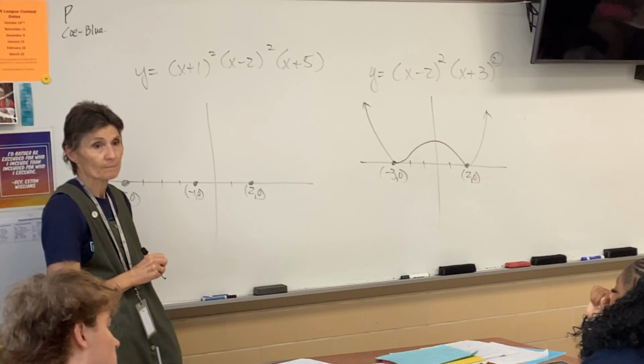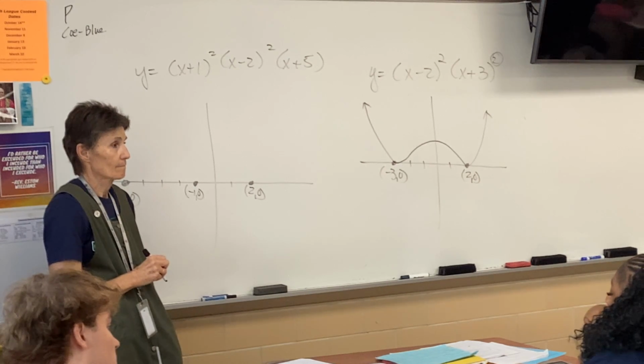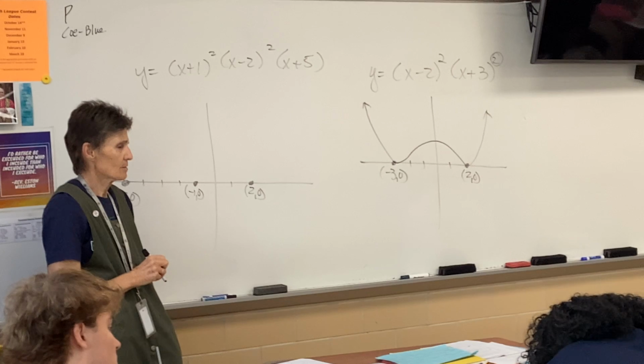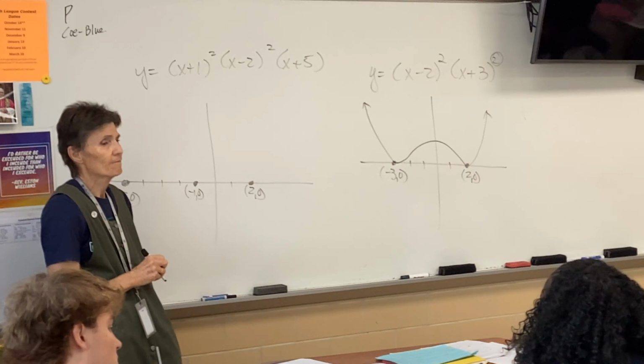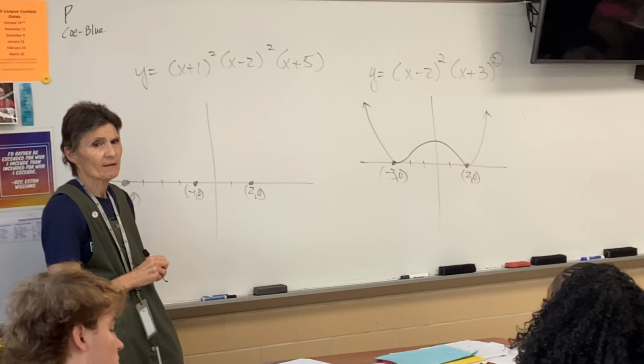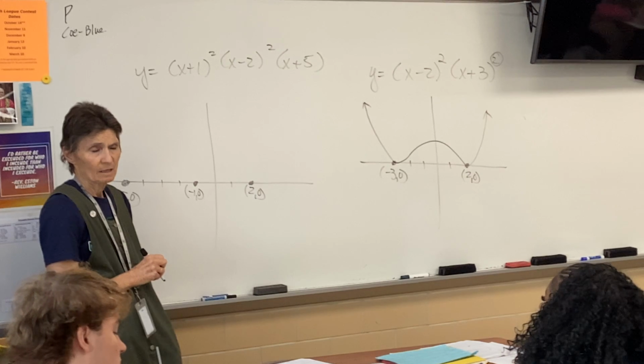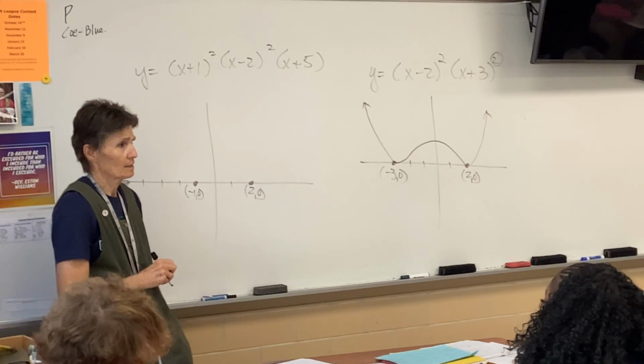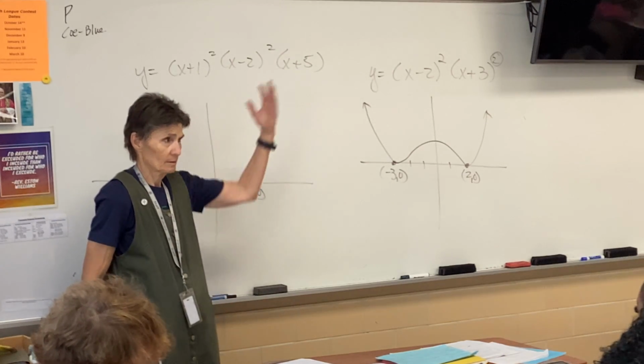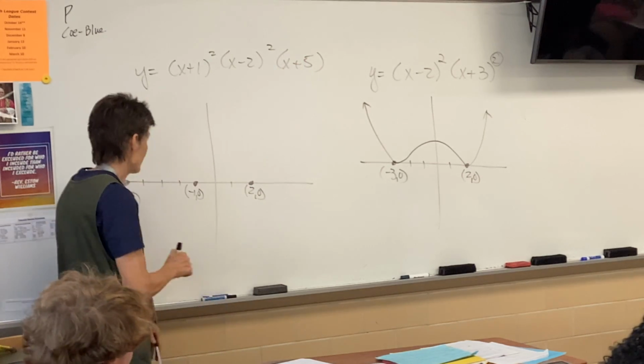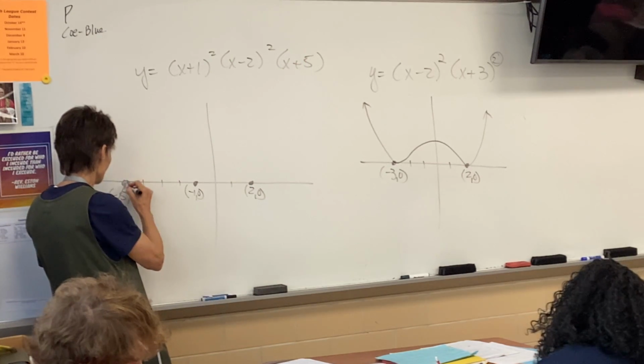Good? How many x's do I have? 5. 5 is odd. Odd does what? Starts down, ends up, right? So I'm going to start down here.